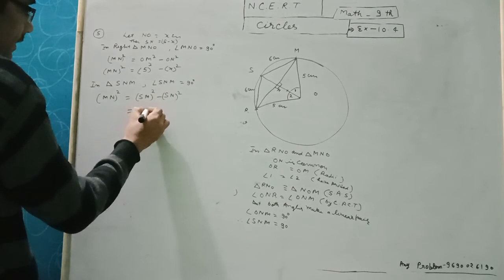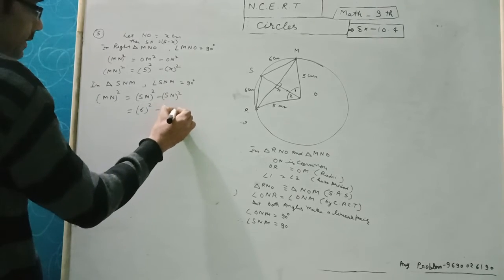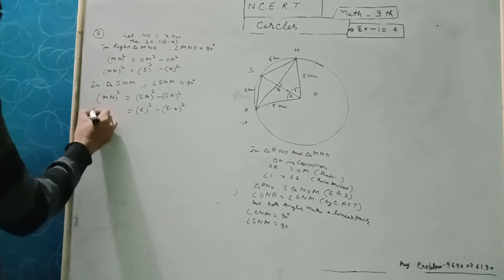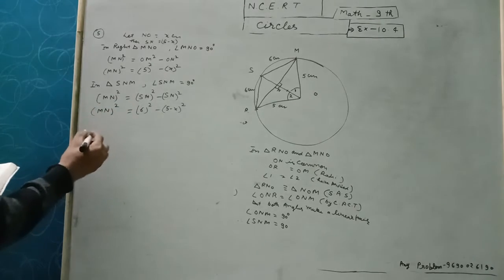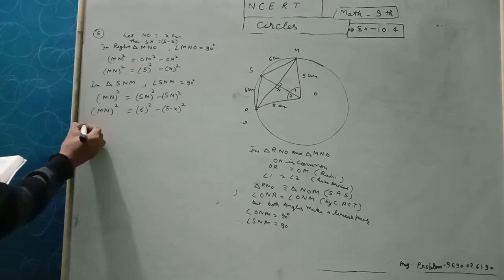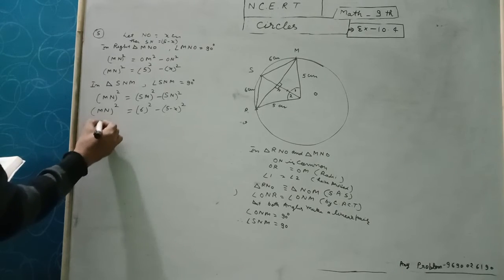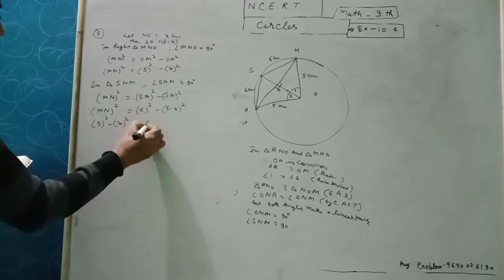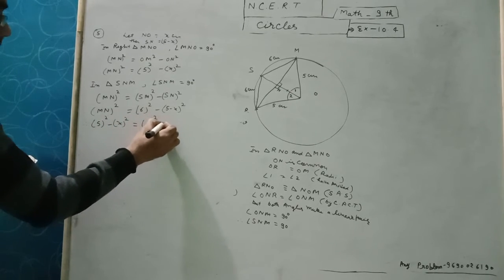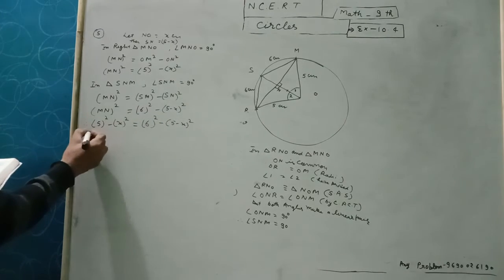SM value is 6, so 6 square minus (5 minus x) square. Both values are equal to MN square. Therefore 5 square minus x square is equal to 6 square minus (5 minus x) square.